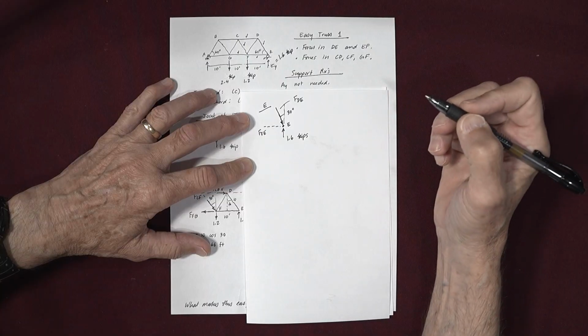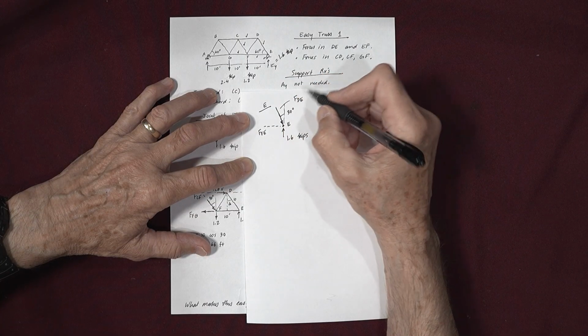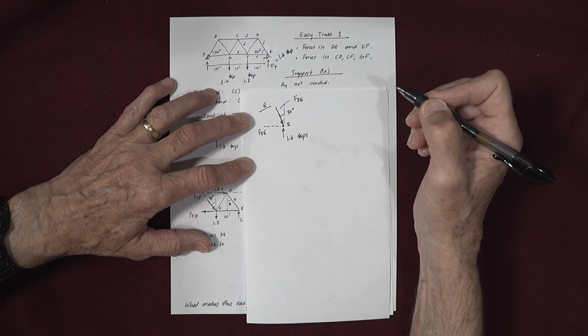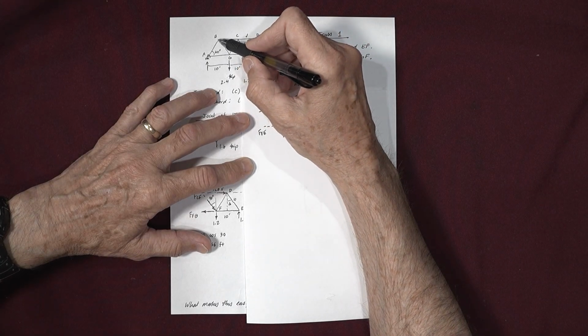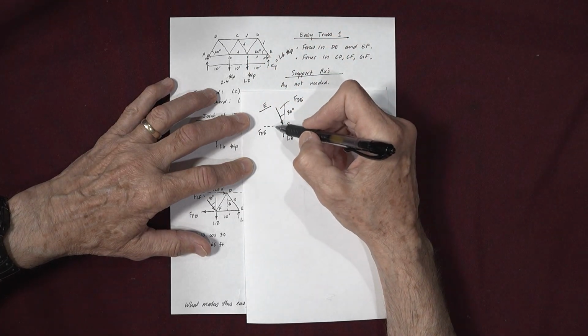And so I'll draw it pushing down. And basically that means I'm drawing it in compression because it's pushing on the pin. And of course, you already knew that this whole top section is in compression anyway, but this joint kind of proves it.